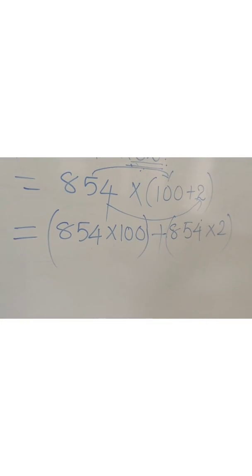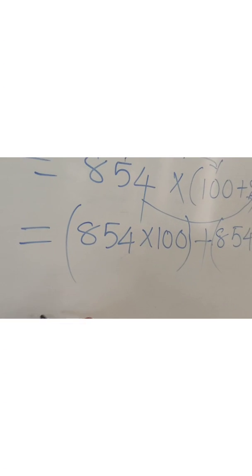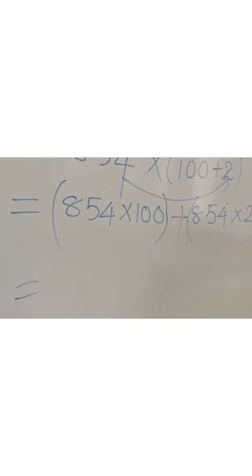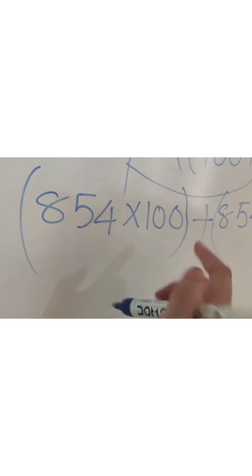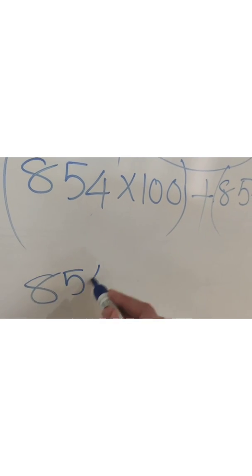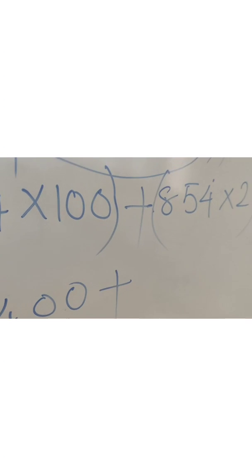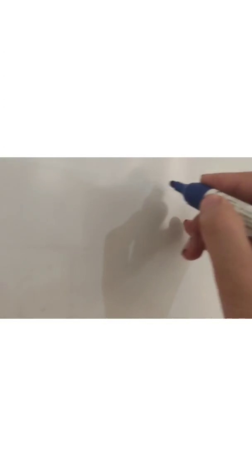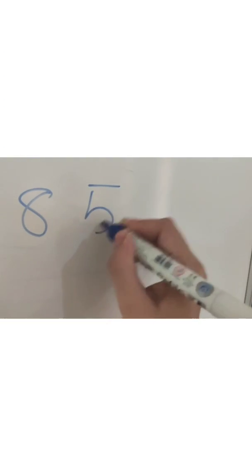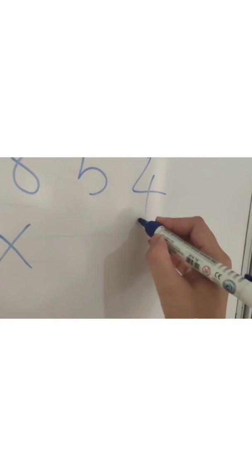Then after we are going to solve the brackets first. So 854 multiplied by 100: 854 ones are 854 and 2 zeros. Plus 854 into 2. Let's multiply and check. 854 into 2.